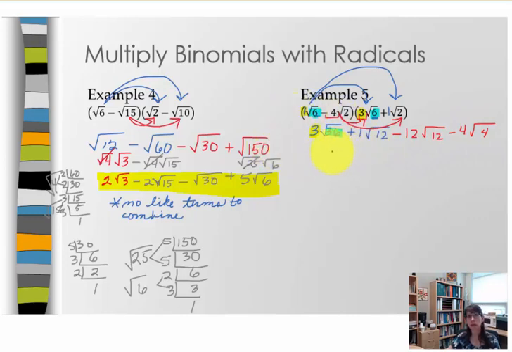Now let's see what we can do to simplify any perfect squares or any other numbers that fall under the radical. With our first term, 3 times square root 36 means 3 times 6. That's 18. No radical remains there. Our next term is 1 square root of 12. But notice how the two terms in the middle have a common radicand. So when we talked about adding and subtracting, we knew that we needed common radicands.